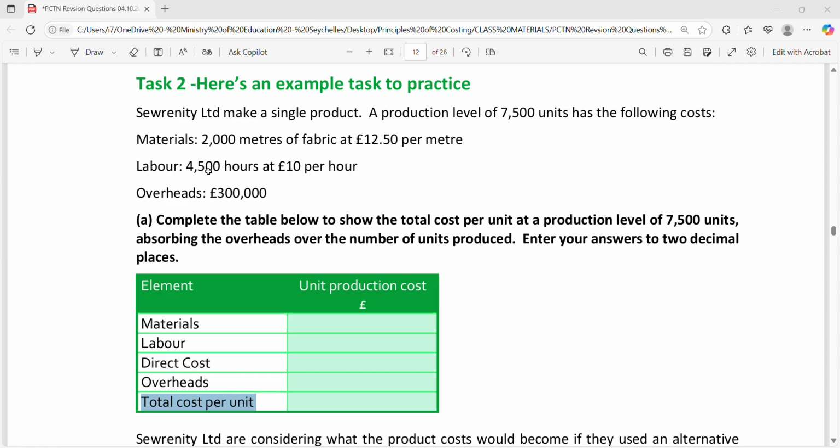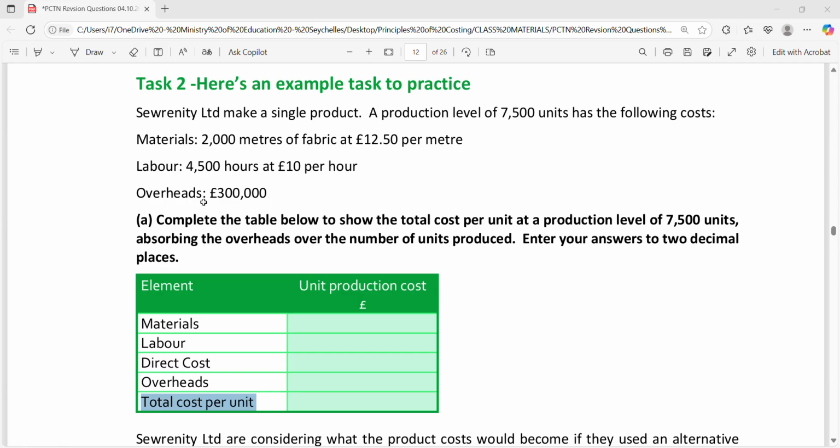So the cost per unit here basically would be the total cost divided by the number of units. So for material, the total cost of 25,000 divided by the 7,500 gives you the cost per unit for material. Same thing for labor, the 45,000 divided by 7,500.